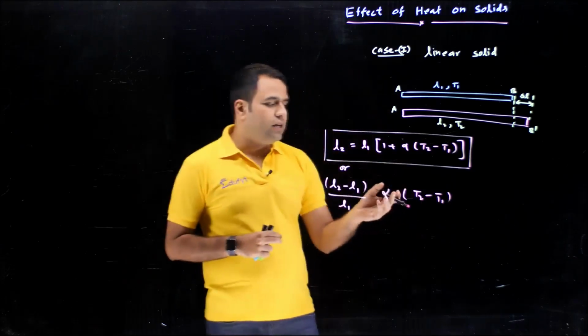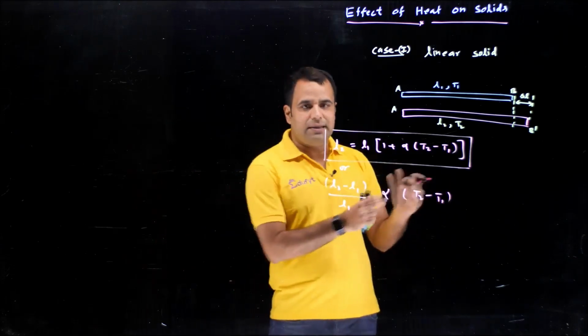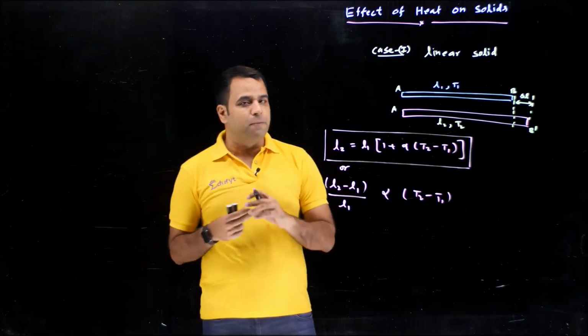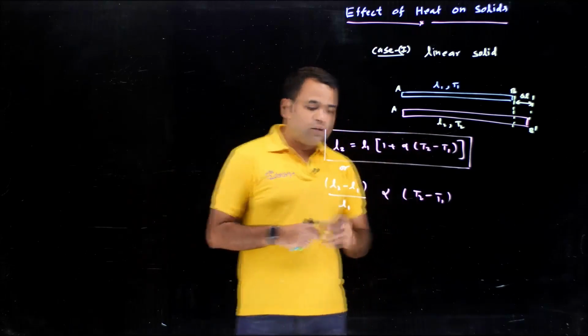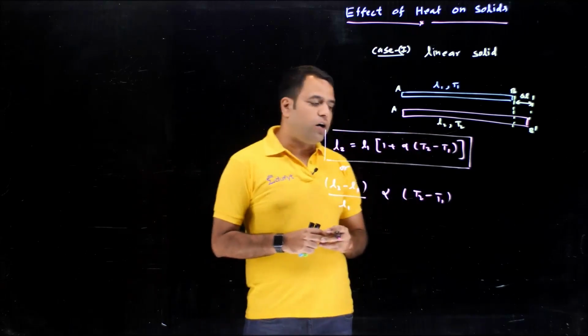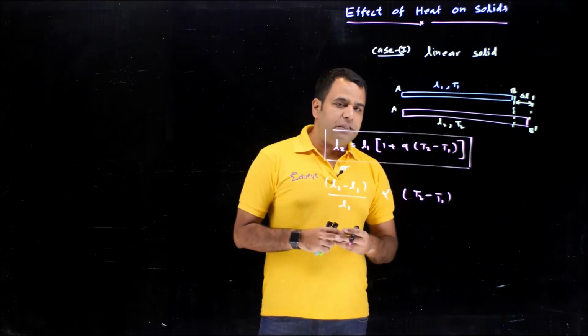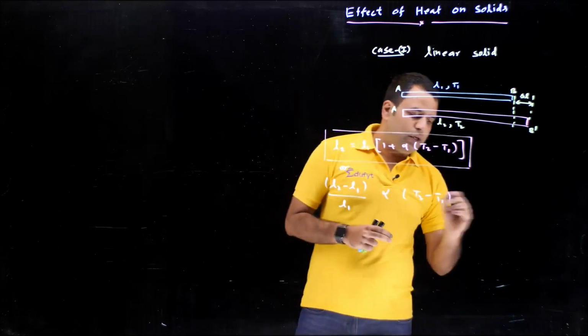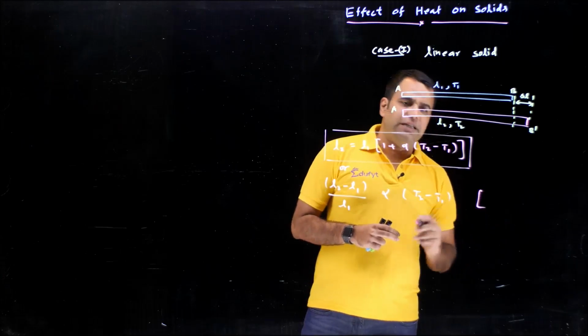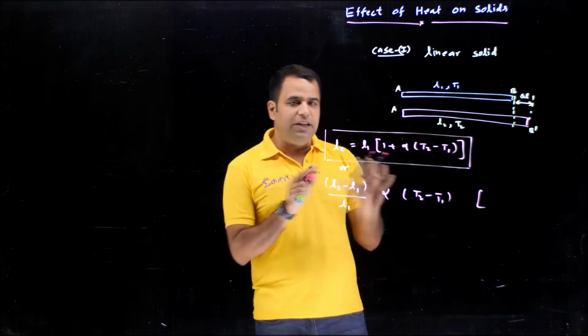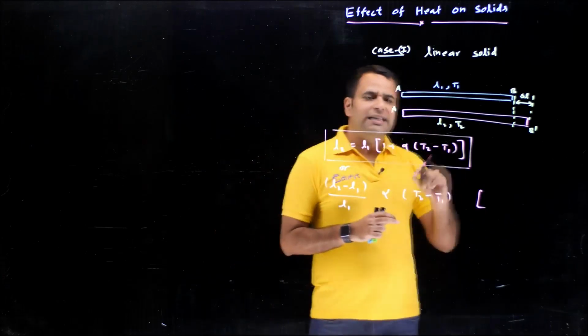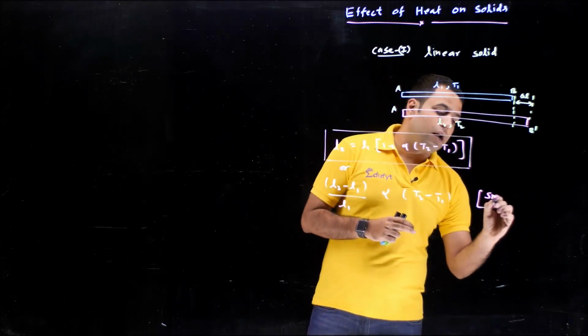If T2 would have been less than T1, this fractional change would have been negative, so the length will decrease. While doing this experiment, the temperature change was not that much, meaning this empirical formula was valid for a small variation in temperature, not for a large variation.